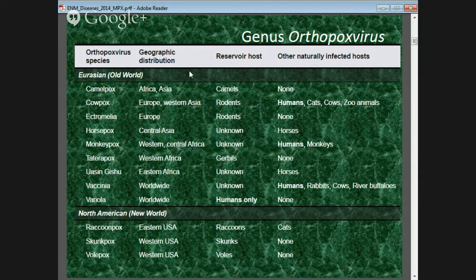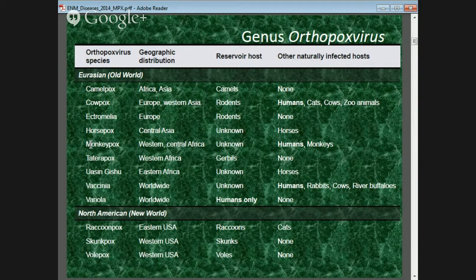After that, the one that is currently probably arguably the biggest public health concern based mainly in Central and Western Africa is monkeypox, the one that is the focus of our talk.